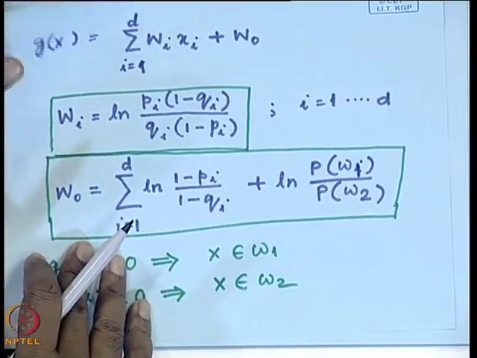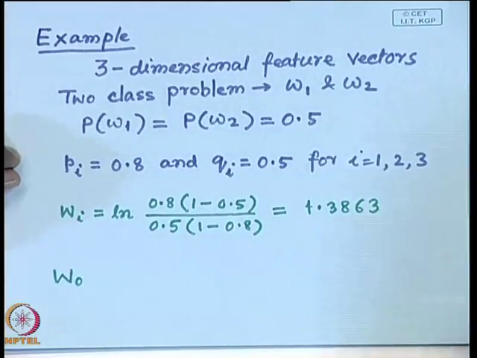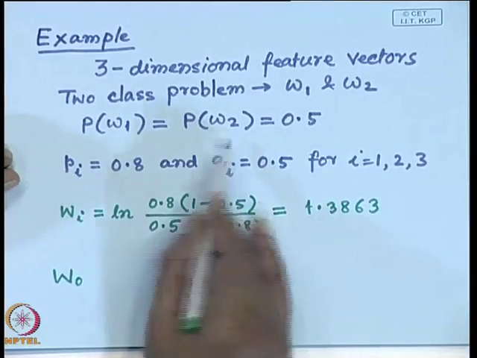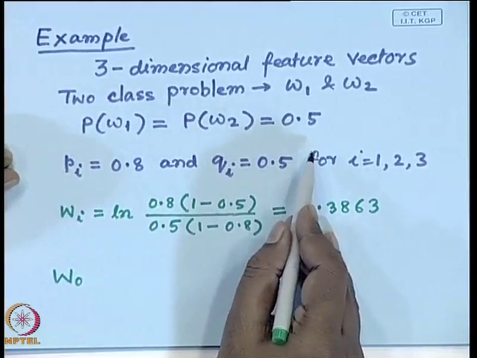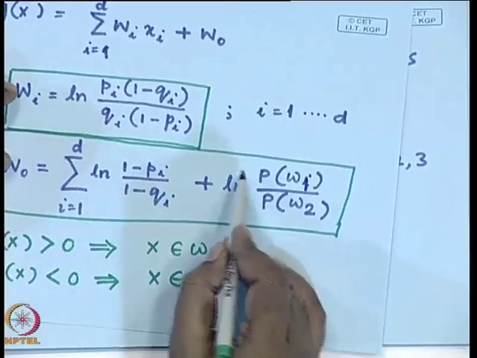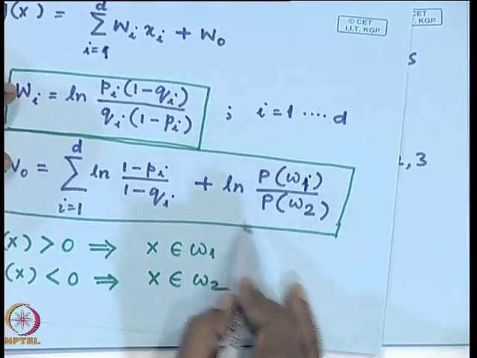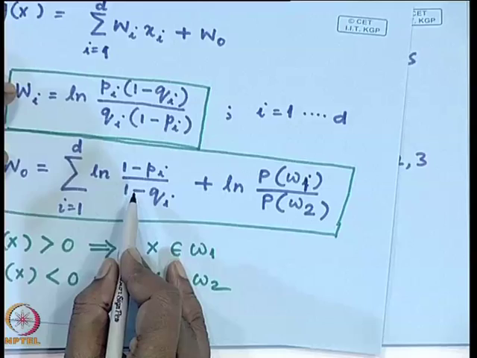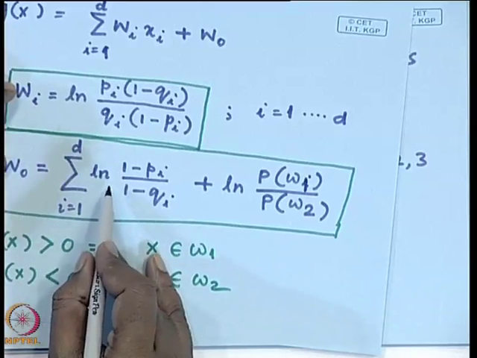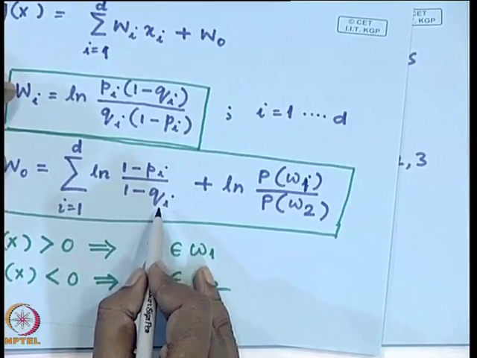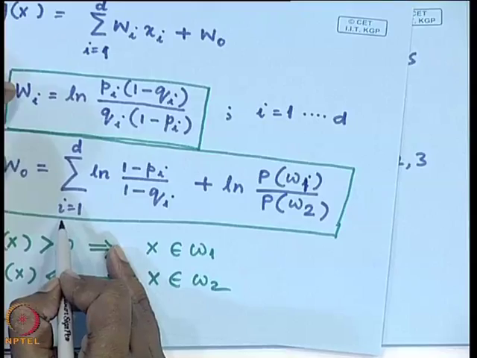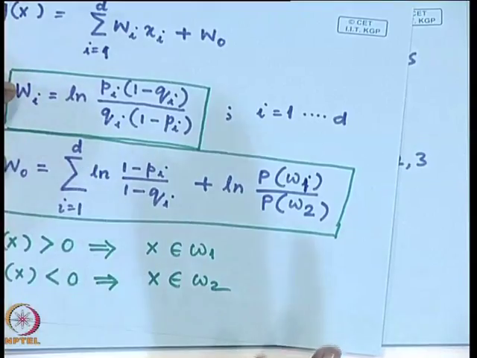Now, over here in this case, p of omega 1 and p of omega 2 are equal and both equal to 0.5. So this last term, log of p(omega 1) upon p(omega 2), will be equal to 0. So what I have to compute is simply W naught equal to the summation over i equal to 1 to d of log of (1 minus p_i) upon (1 minus q_i).